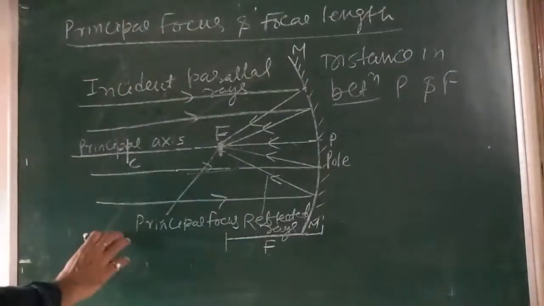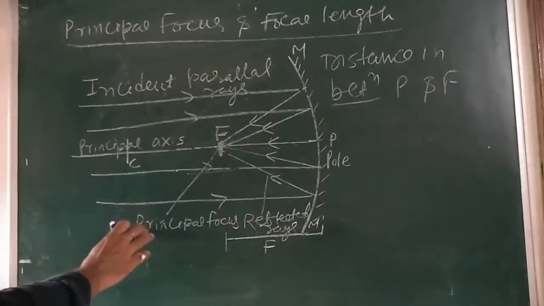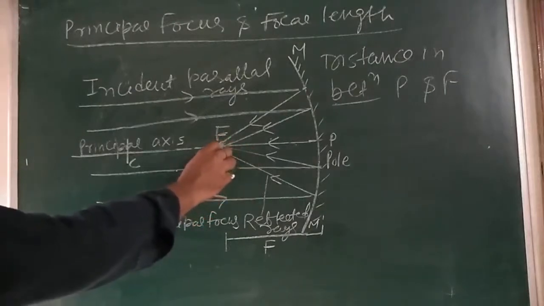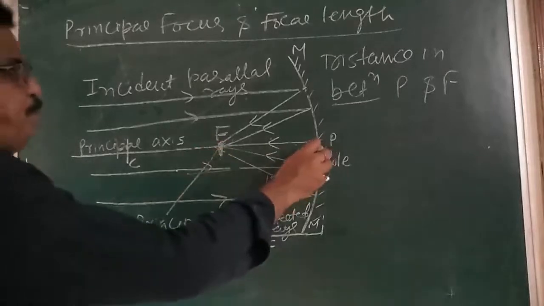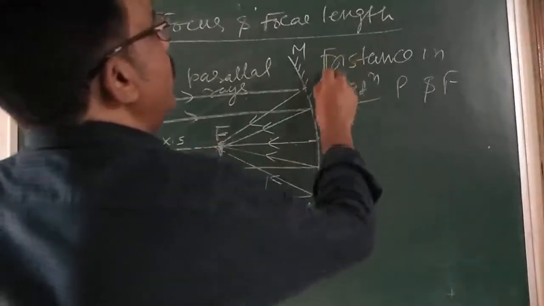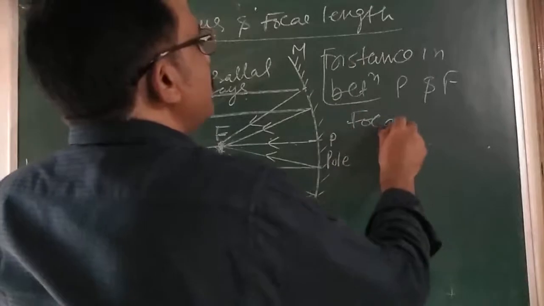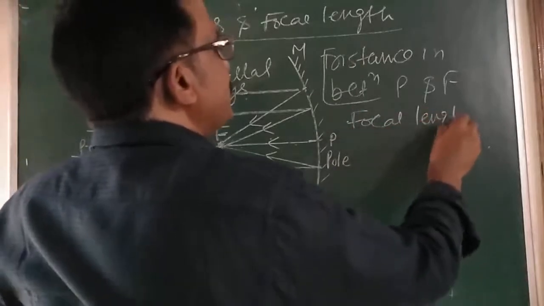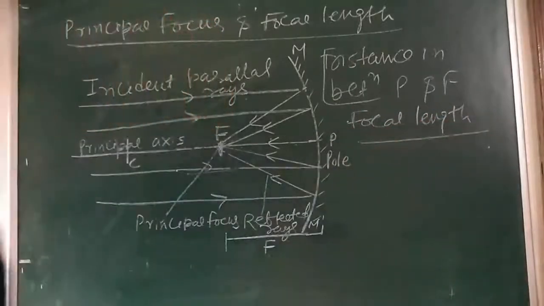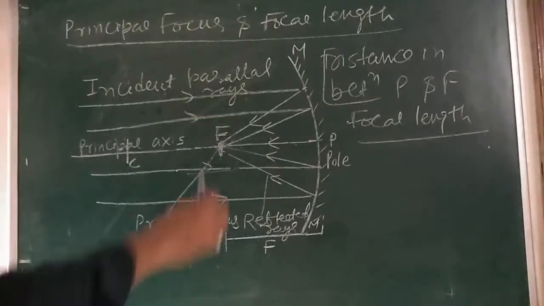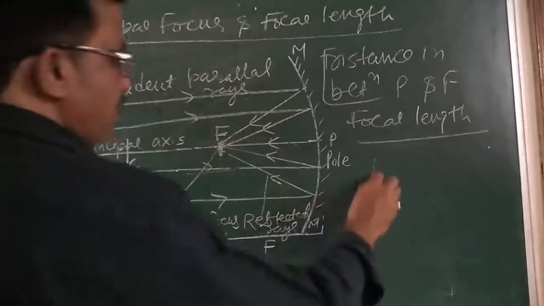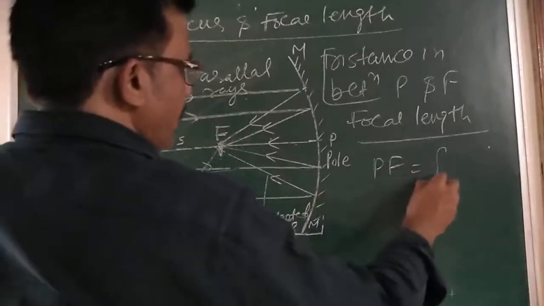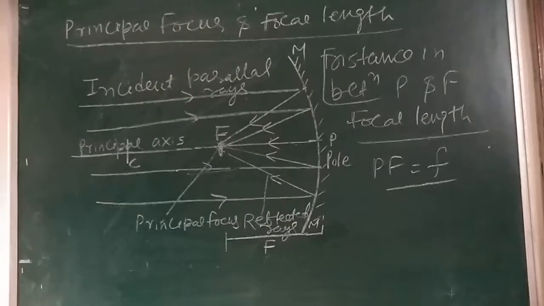So in conclusion, I say focal length of a concave mirror is the distance of principal focus of the mirror from the pole P. This is called focal length. The distance PF here is called focal length of a concave mirror.